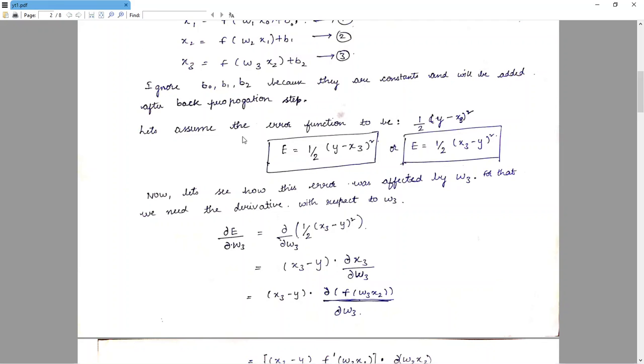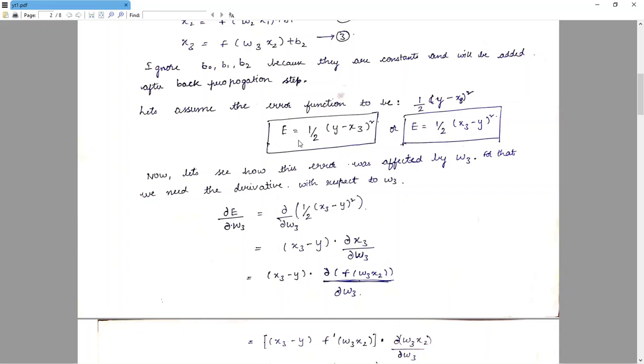Now let's assume the error function e to be half of (y minus x3) whole squared, where y is our target and x3 is our output.